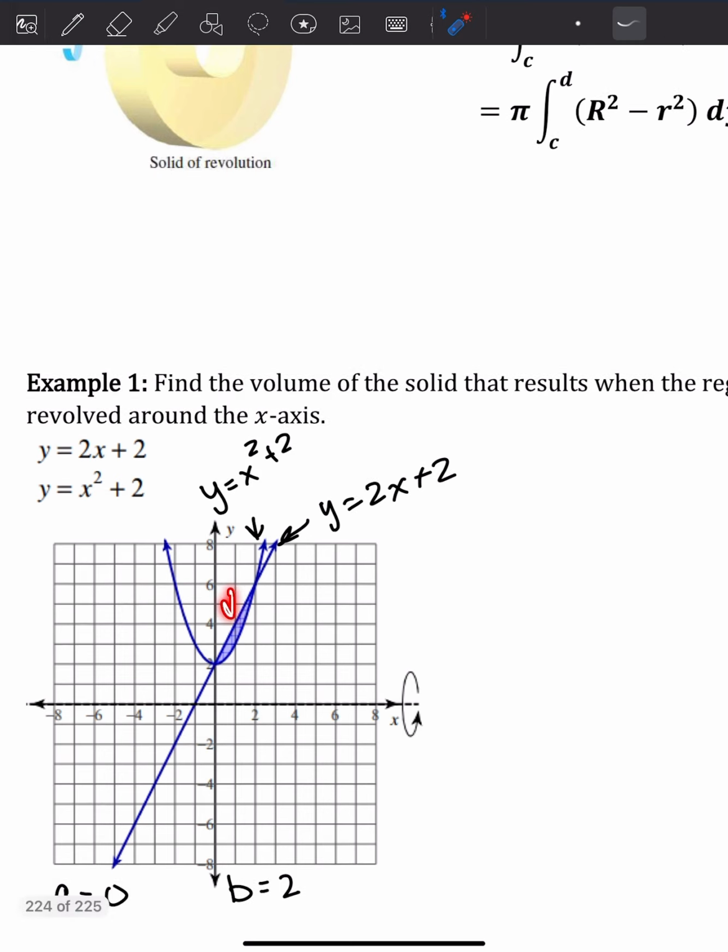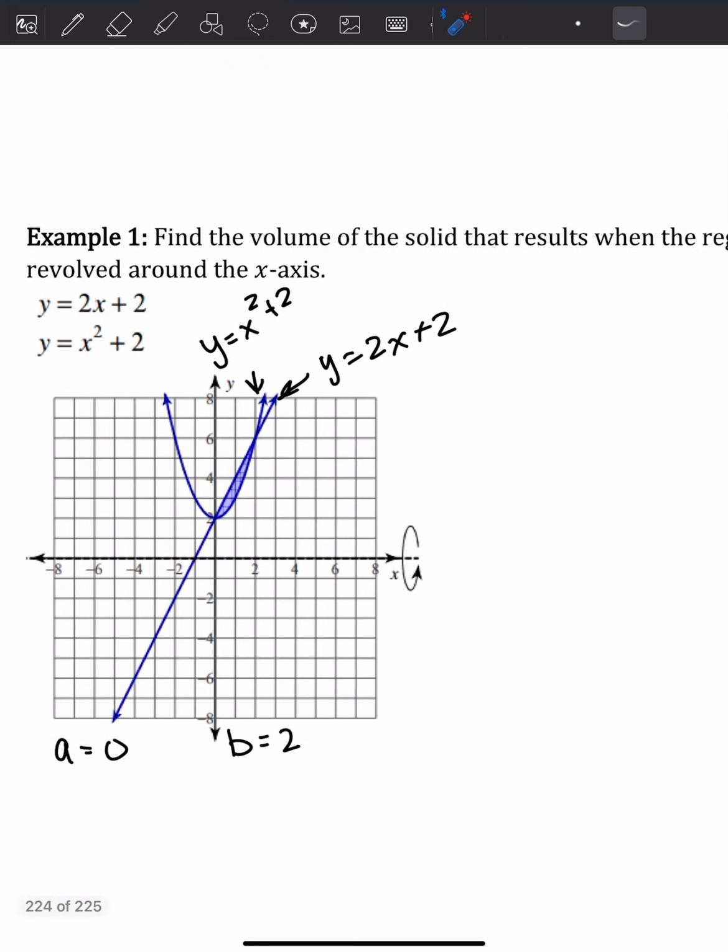This one is the one that is higher up from the axis of rotation. It's a little bit easier if you can visualize what this might look like if we rotated it around, but that is a little bit hard for some people, like myself. So I go based off of, are we above or below the axis of rotation, and which function is farther away from that axis of rotation.